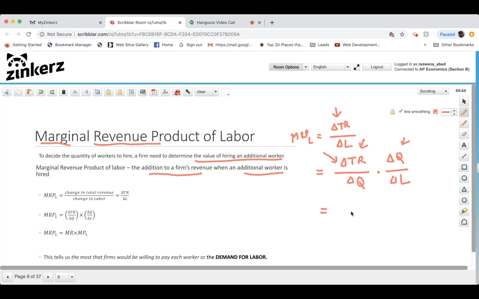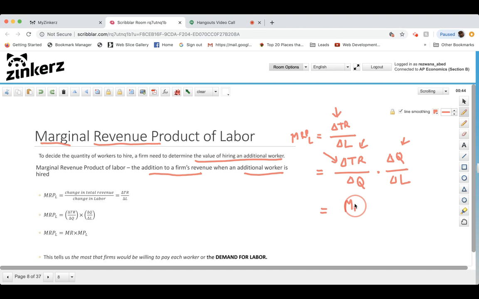Anybody? This term right here, the change in total revenue divided by the change in quantity, does this look familiar? Yes, that's marginal revenue. Exactly.